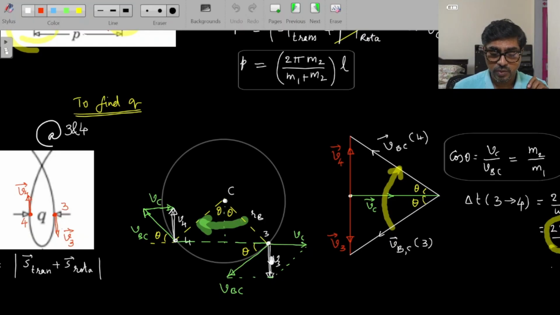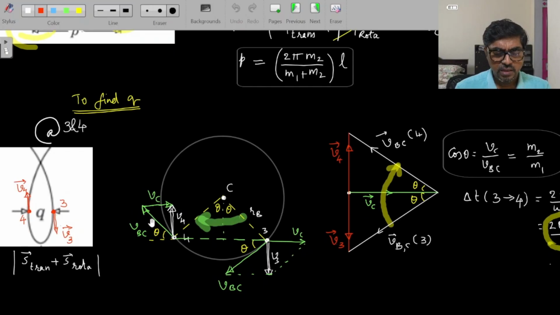I am supposed to get V3. The resultant of these two is the velocity of B in the ground frame, and that is V3 there. So that's supposed to be along the negative y direction, you see it is like that. And symmetrically when you go to the other side, where VBC is tangential again, you are going to add VC, which is again along the positive x-axis, the resultant is supposed to be along the positive y-axis. So this is the diagram showing both the rotation as well as the translational effect.